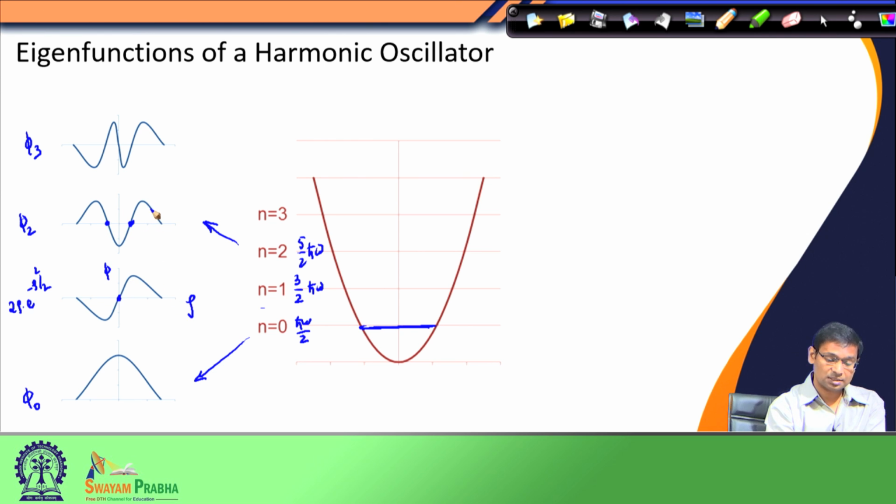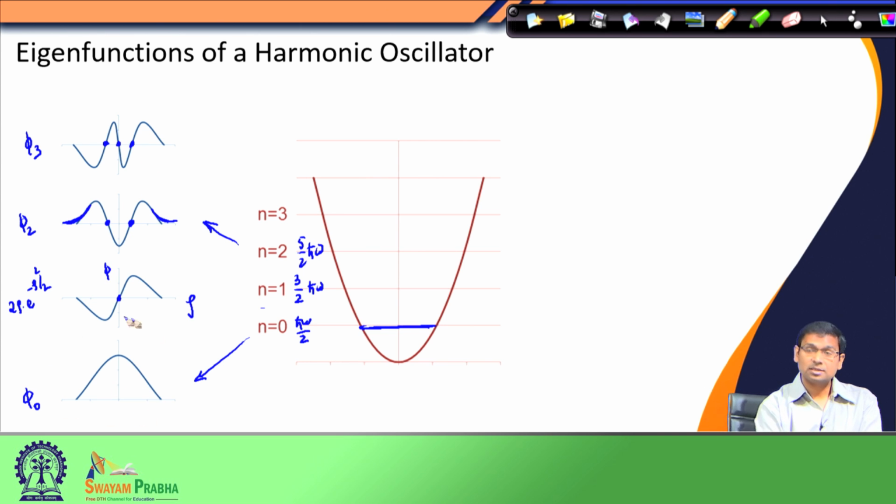Please remember these values are actually not nodes, they asymptotically approach 0. At long distance they would become 0, but they do not have nodal structures there. So, these are the two nodal points here, and in this case phi 3, these are the three nodal points that I see.